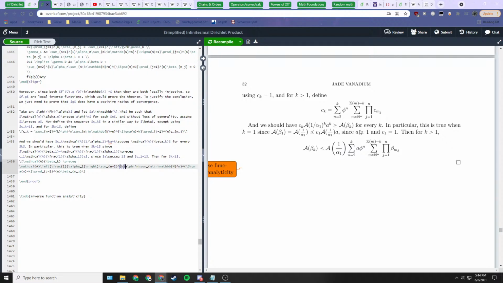Okay. So actually what we want is we're going to have alpha 1 times a, instead of to the k, it's actually going to be to the power 2k minus 1. Yeah.